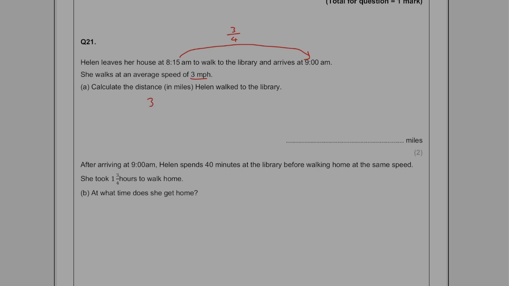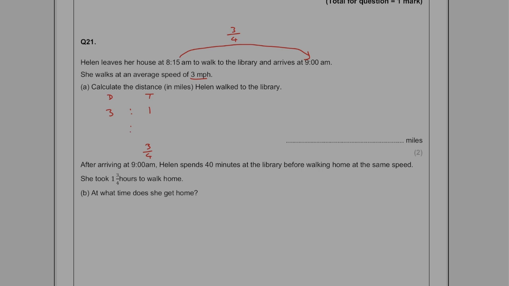So the way I'm going to do this is a bit of a ratio table. If I go for distance and time, she's going at 3 miles per hour, that means 3 miles in 1 hour. And she walked for 3/4 of an hour. So we want to actually get to 3/4 of an hour.